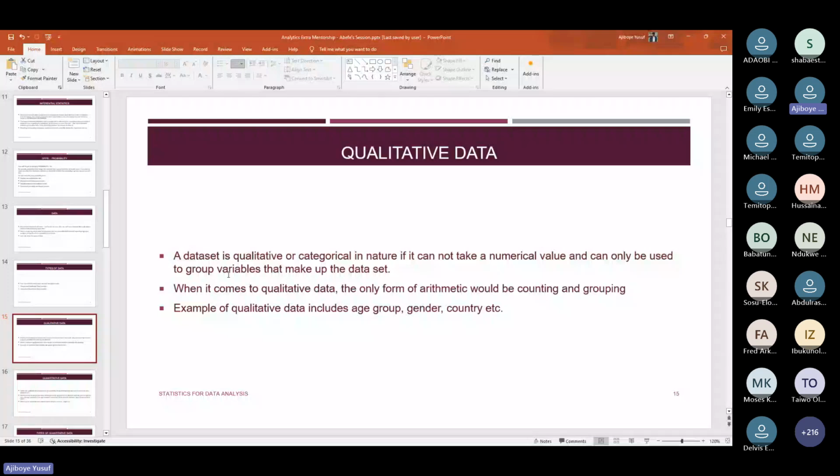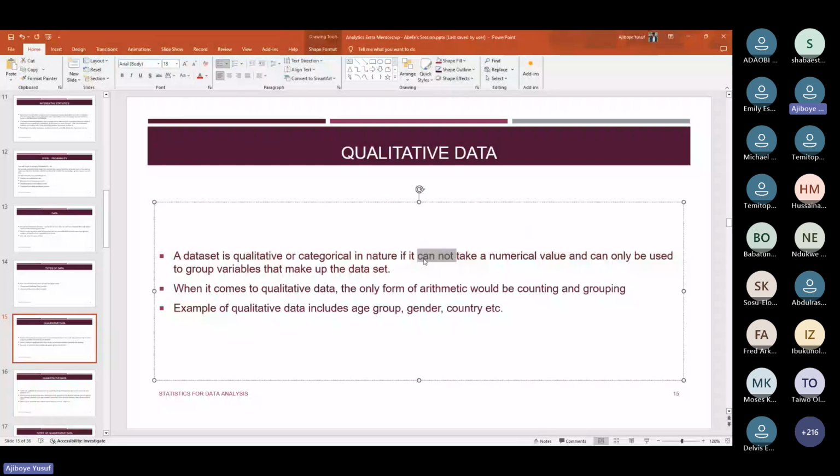One of the things that can make analysis hard for you is not understanding the type of data that you have. You might think that because data has a number, it is quantitative. No.